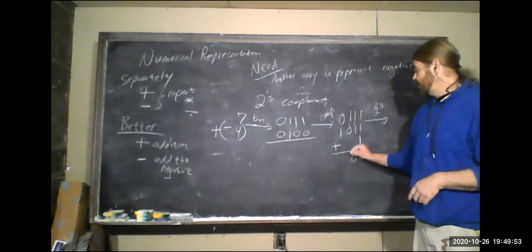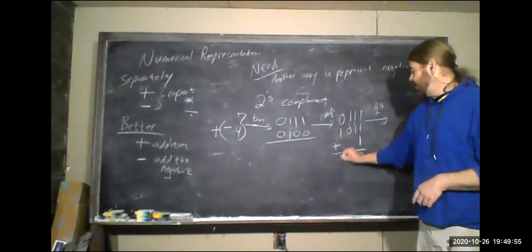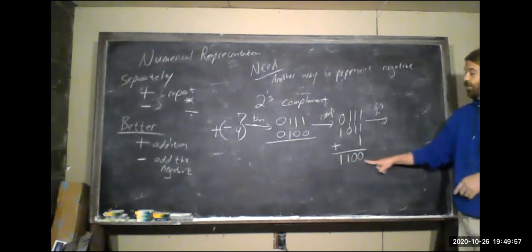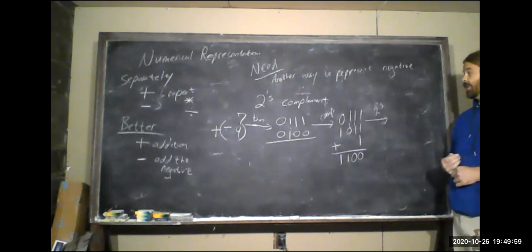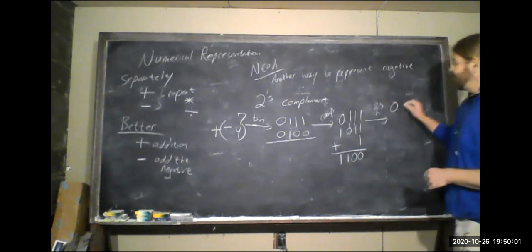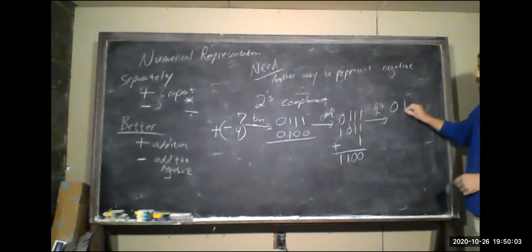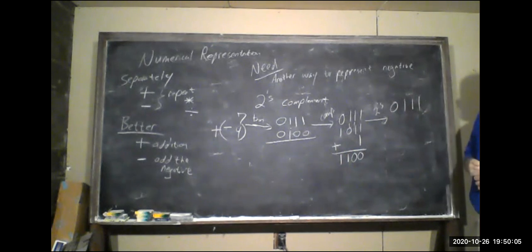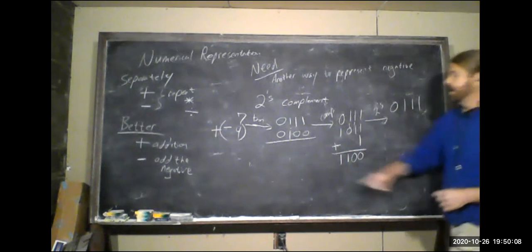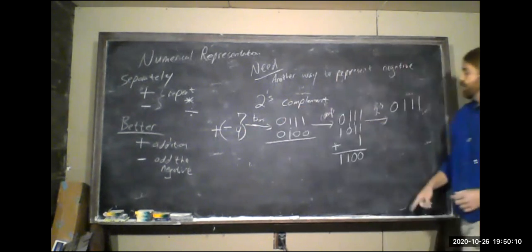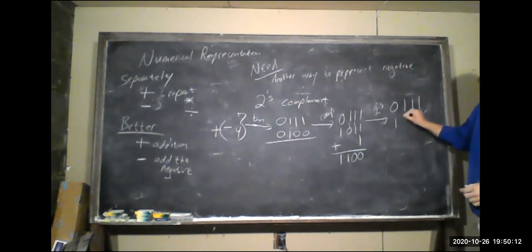So 0, carry the 1. Have a 1 there and then a 1 there. So that's what a -4 will look like in 2's complement. So our 7 is still a positive number, 0, 1, 1, 1, the binary representation of 7. And then -4 in 2's complement will be 1, 1, 0, 0.